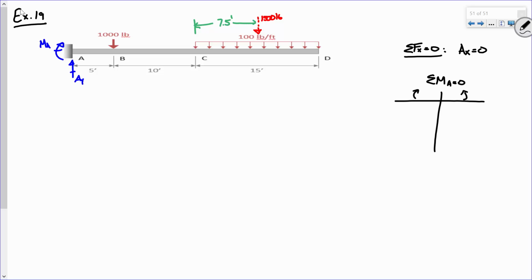All right. So what do we got going on? Well, I'm at A. Does AY cause any moment? No. Now I do have MA. I have a concentrated moment there, so I have to include that. And I've got that drawn over here. Make sense? All right. What else do we have? We've got 1,000 pounds. What side of the table does that belong on from A? Left side. And it's at a moment arm of 5 feet.